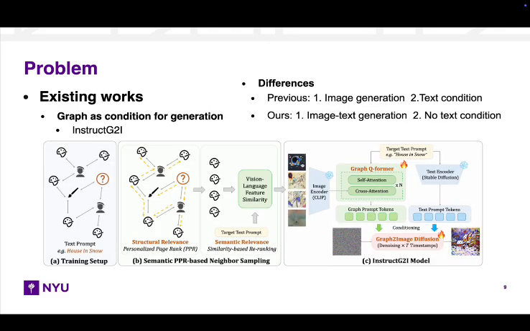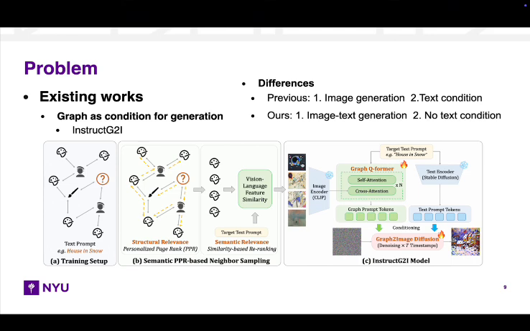And we have several existing works. For example, graph as conditions for generation. It has work called InstructG2I, which has a training setup where we use personalized PageRank for neighbor sampling and search for semantic relevance through similarity-based ranking, put it into an image encoder, for example CLIP, and use the GraphQFormer to aggregate the graph prompt and the modality information.